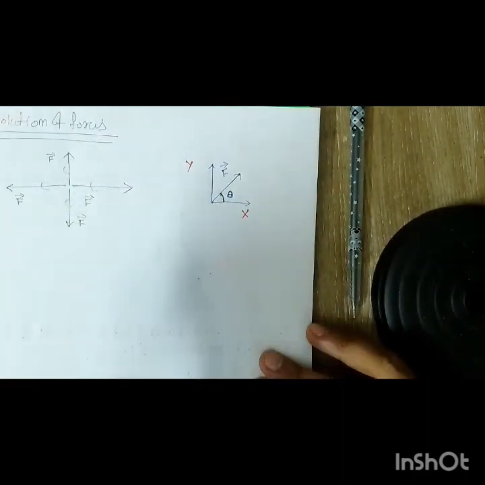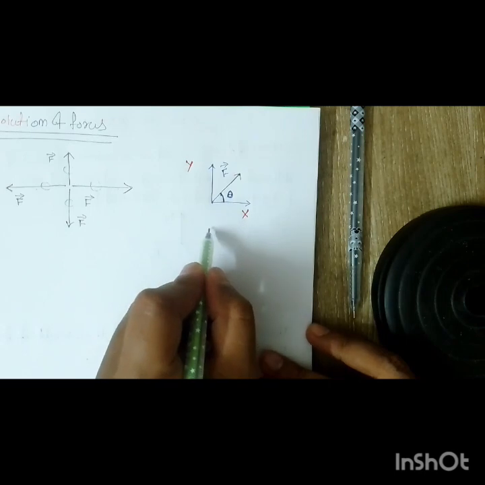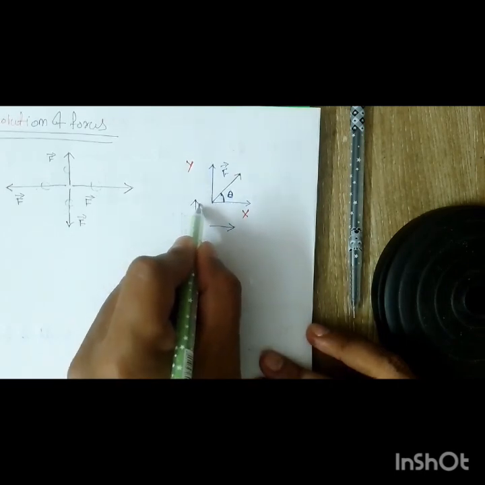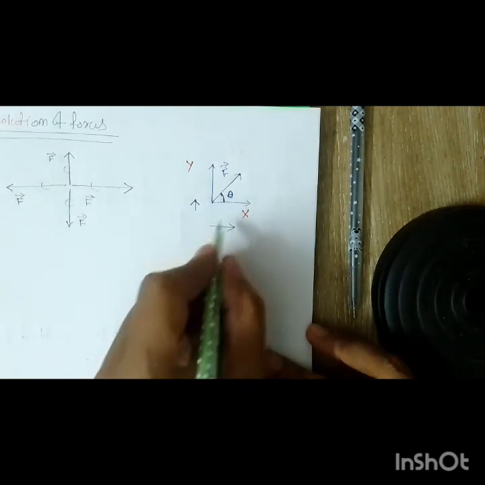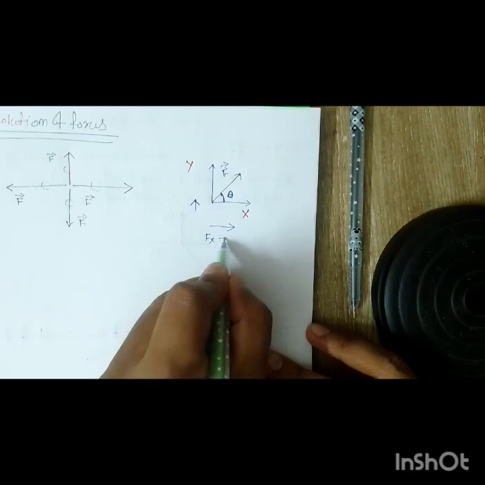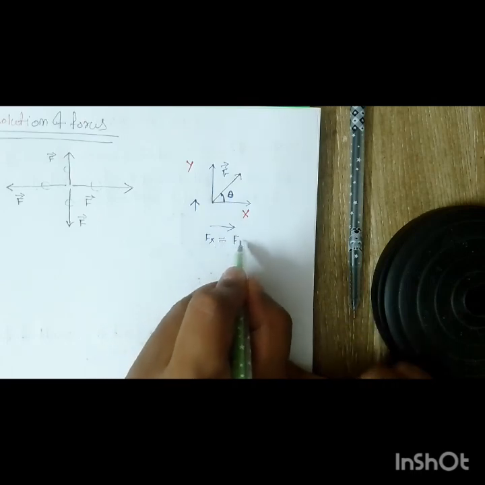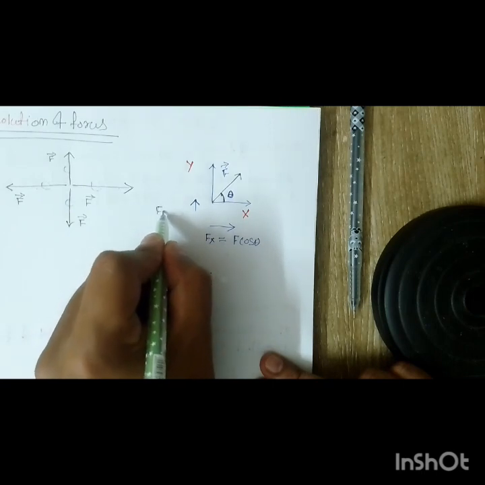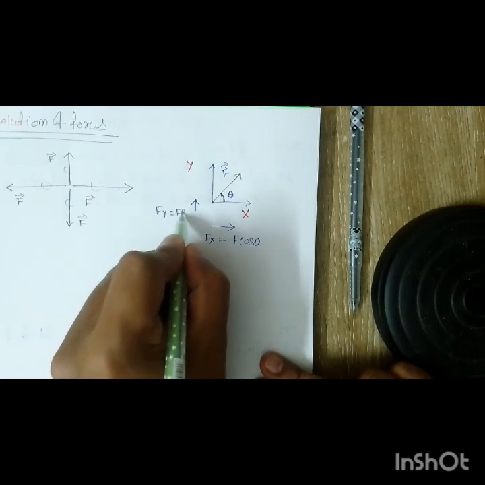Whenever the force is inclined, we need to find its component along the x-axis and along the y-axis. The component along the x-axis, Fx, is equal to F cos theta, and Fy is equal to F sin theta.